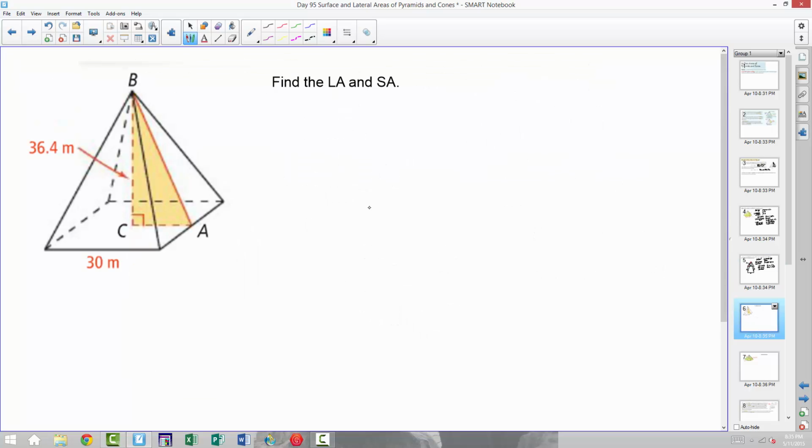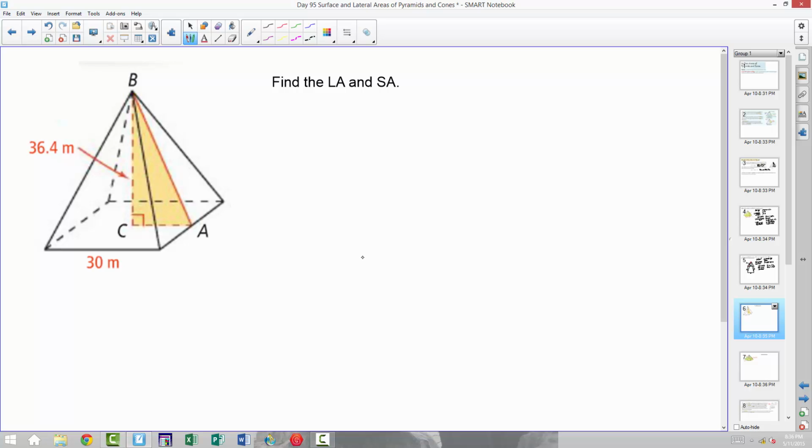So let's try a more challenging problem where I don't give you your slant height, I give you the altitude. The altitude goes from the vertex to the center of the base. So C to A, I need to find. We're going to assume all bases in this video lesson are regular.